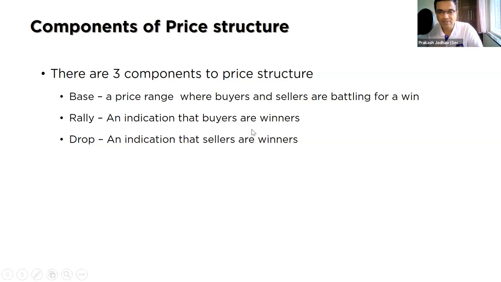Drop is an indication that sellers are winners. We will be looking at these in greater detail in subsequent slides, but remember these three terminologies are mutually exclusive, collectively exhaustive. That means a base cannot be a rally, a rally cannot be a drop, a drop cannot be a base. So they are either or.